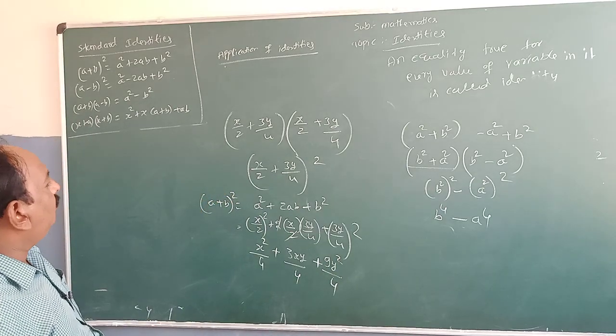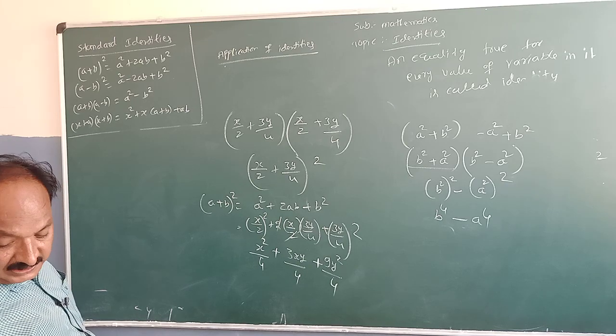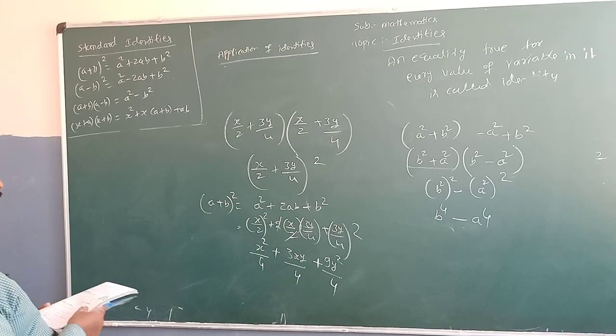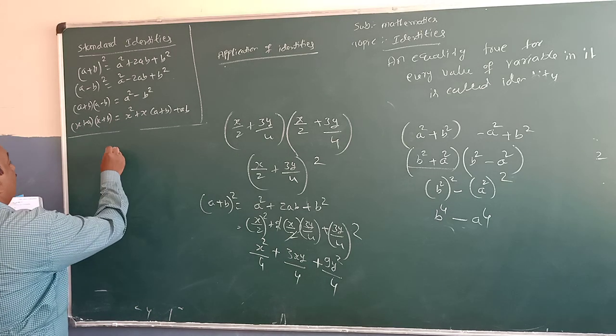The expansion is x²/4 + 3xy/4 + 9y²/4 by using the identity.